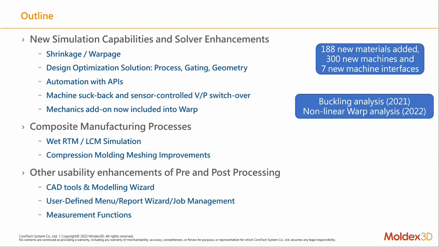We have added 188 new materials into the database, have 300 new machines being added, and 7 new machine interfaces that are now available to you in the Moldex3D Studio environment.